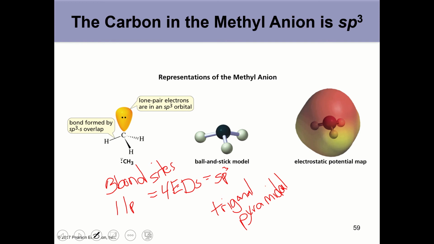If you have 4 bond sites and no lone pairs, that is tetrahedral geometry. Geometry gets confusing only when we start to add lone pairs. So when there are no lone pairs, the number of bond sites equals the number of electron domains, and the molecular geometry equals the electron domain geometry.